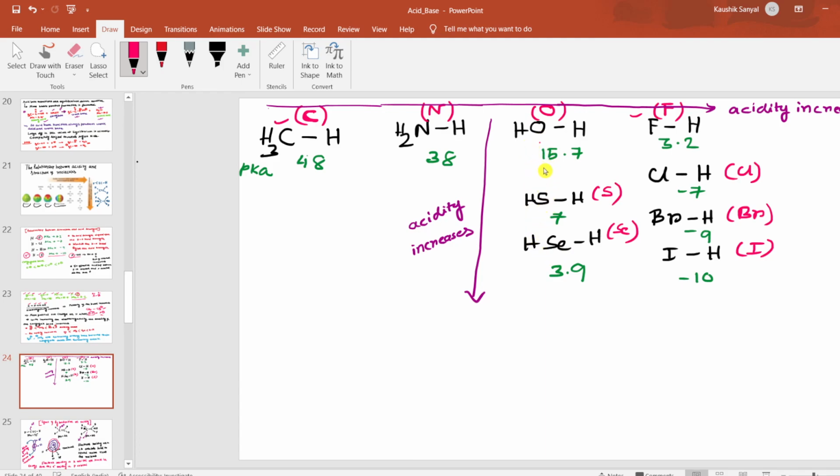Due to the increase in size, there is a mismatch in the overlap, and that's why the SH bond will be much weaker compared to the OH bond due to the mismatch in size, and that's why it has very high acidity compared to the water molecule. So as we move from up to down, the acidity increases, and as we move from left to right also, the acidity increases.